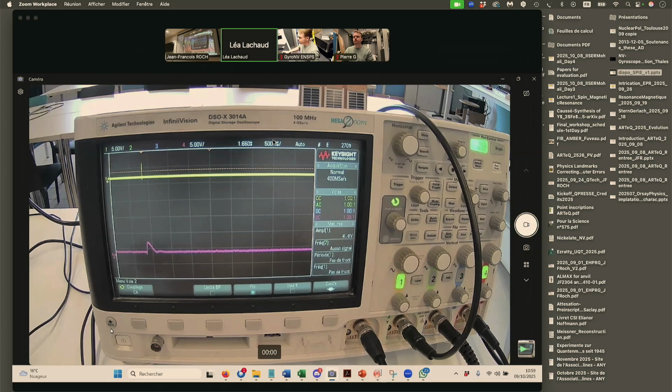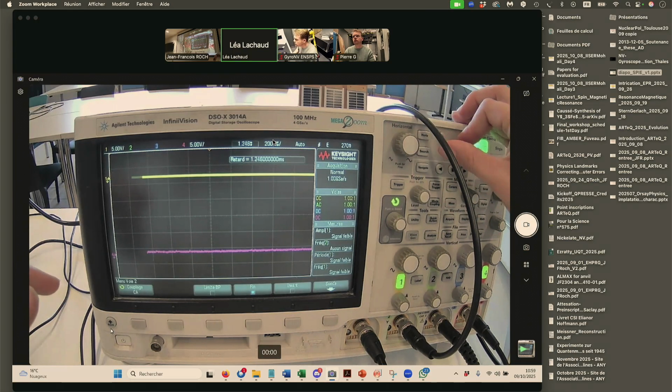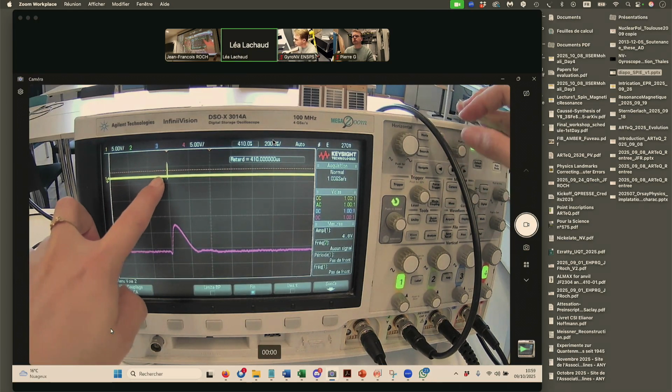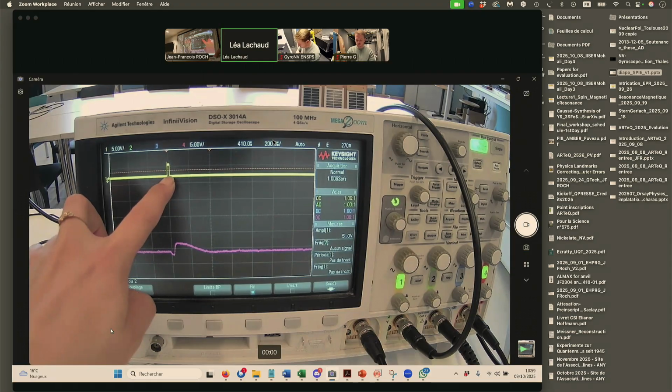All the spins, or most of them, are still in the lower energy states, meaning parallel to the B0 static field, right? If I start to increase the duration, maybe you can see, it's hard to see because the pulse is very, very short, but here I'm tuning the duration of the exciting pulse, okay?